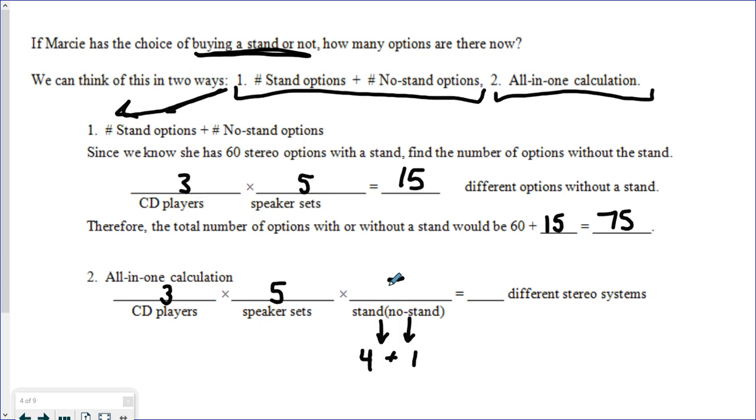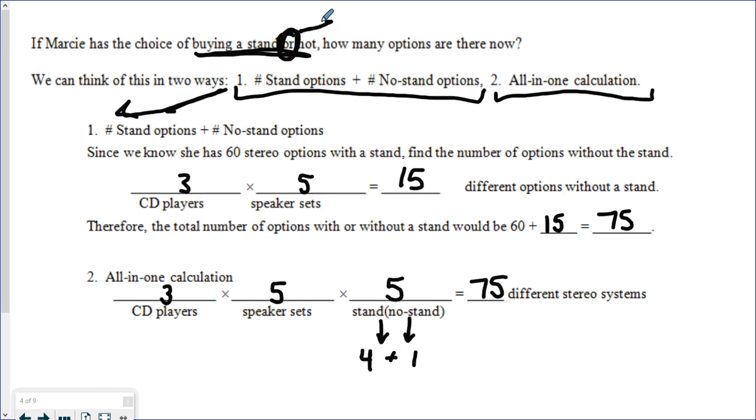So we would actually do 3 times 5 times 5, and that comes to 75 different stereo systems. So that's another way that you can consider it. And we'll talk a little bit more about this later.